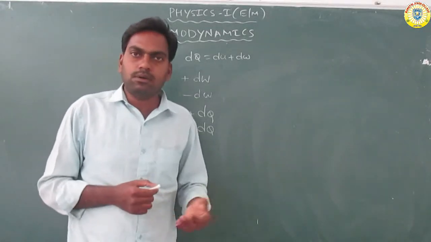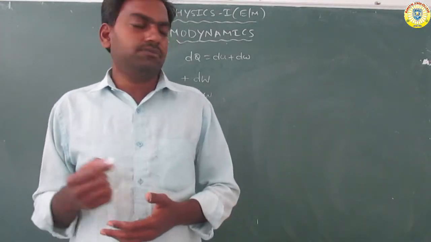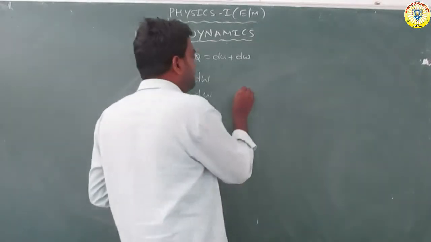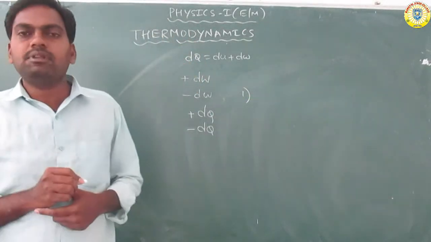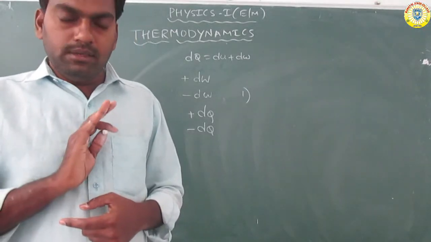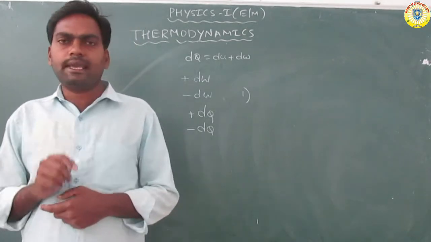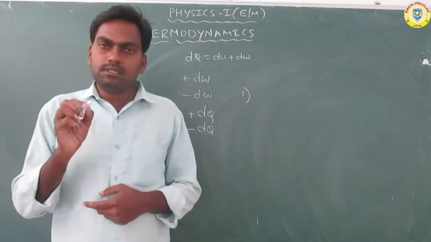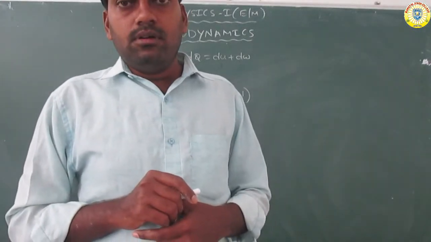Now the conditions or limitations of the first law of thermodynamics. The first limitation is that it cannot explain the direction of heat flow.